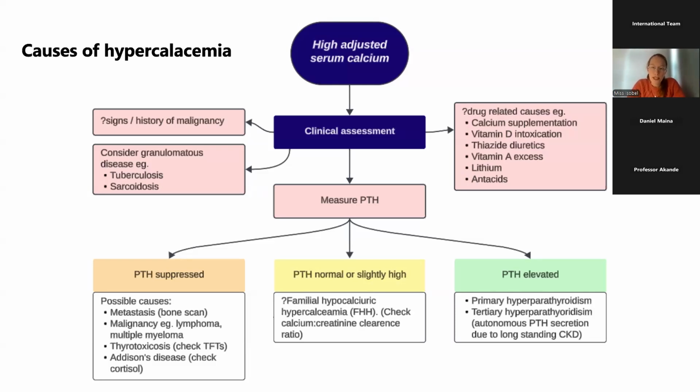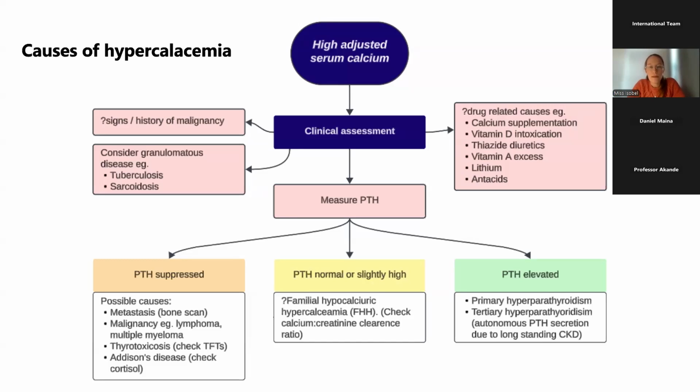So calcium supplementation is an example, vitamin D intoxication. Thiazide diuretics can cause high calcium. Vitamin A excess is quite rare, but that can cause high calcium. And lithium and antacids are also a cause.